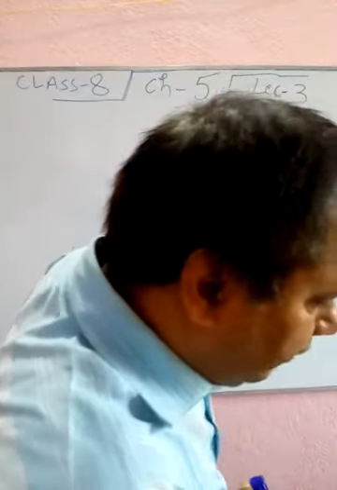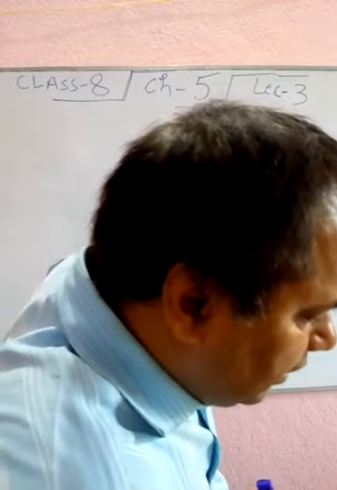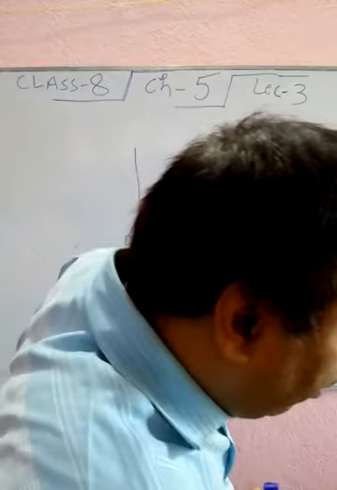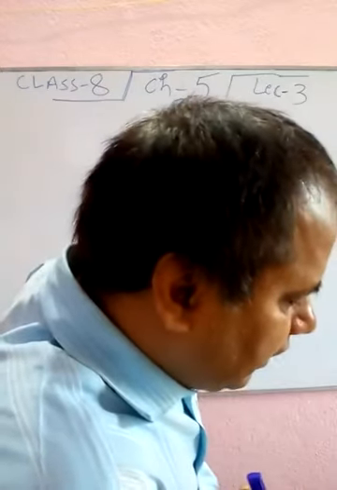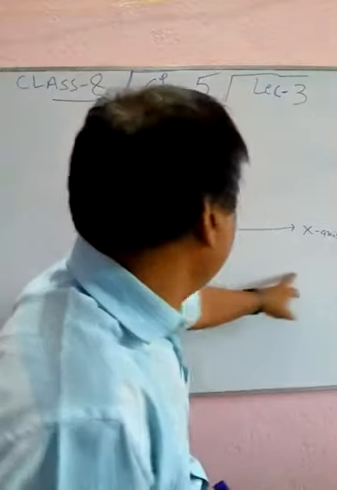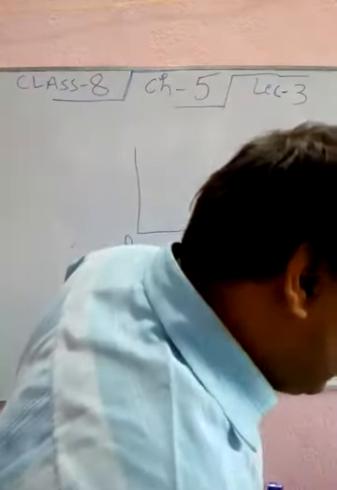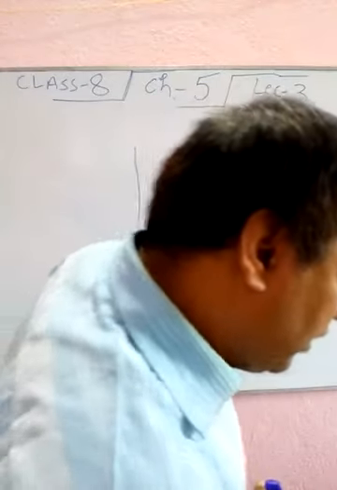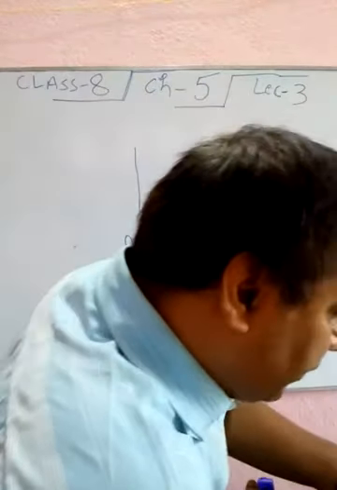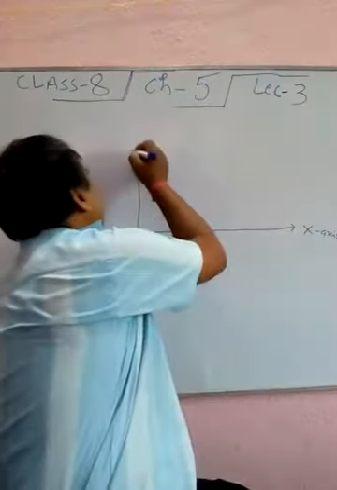This bar graph shows expenditure on the educational system of a country in a particular financial year, and here are the heads. On the y-axis, it is the general expenditure in crores of rupees.